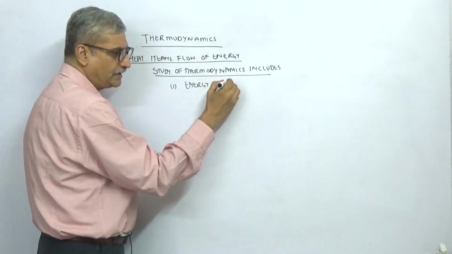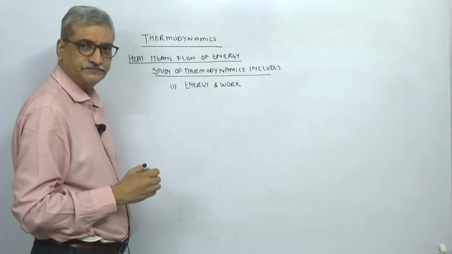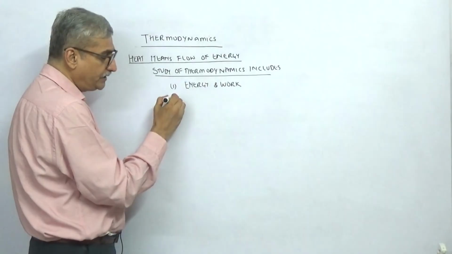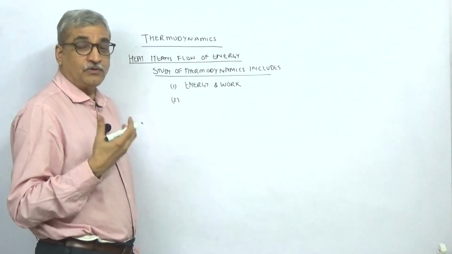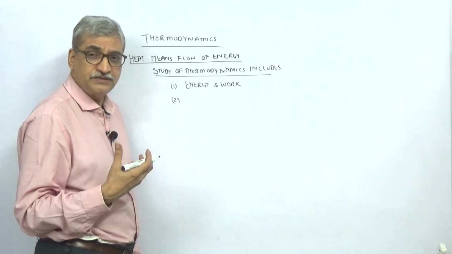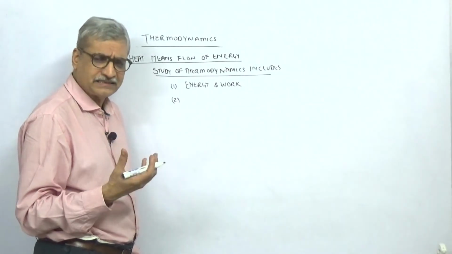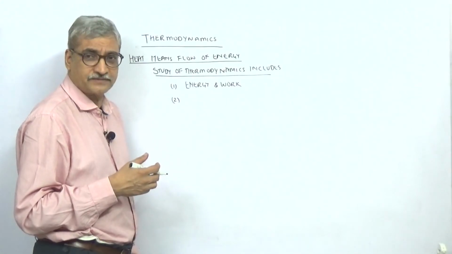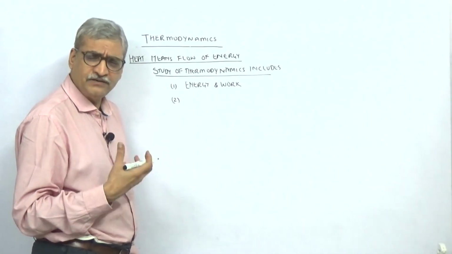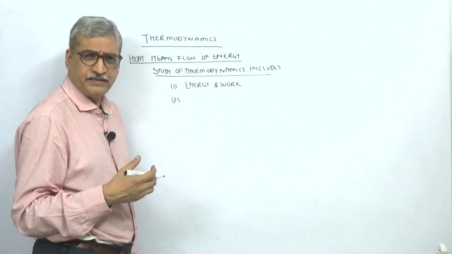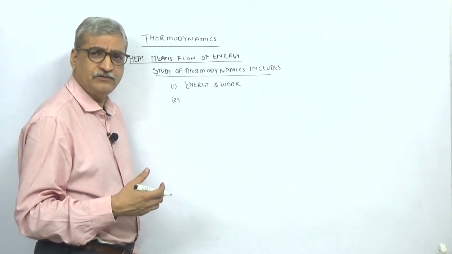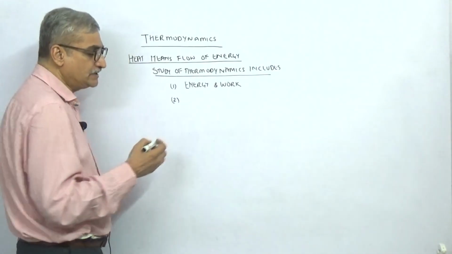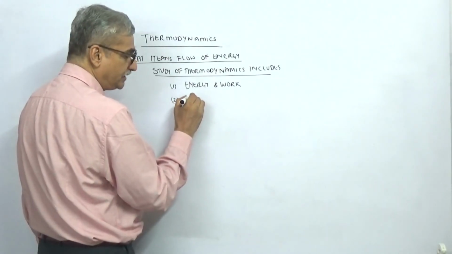So what is energy and work? You are supplying energy to do some mechanical work, electrical work, some work. But here we are mostly talking about mechanical work. You are burning a fuel and making the machine do a mechanical work. This is clear. The second is, we are going to talk about enthalpy change.